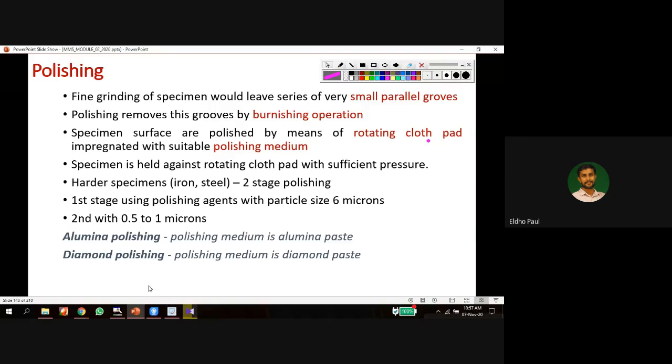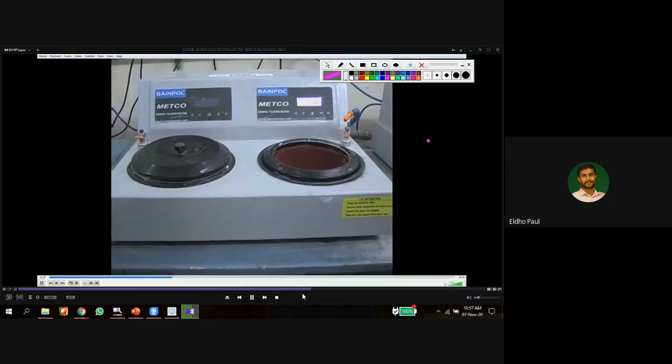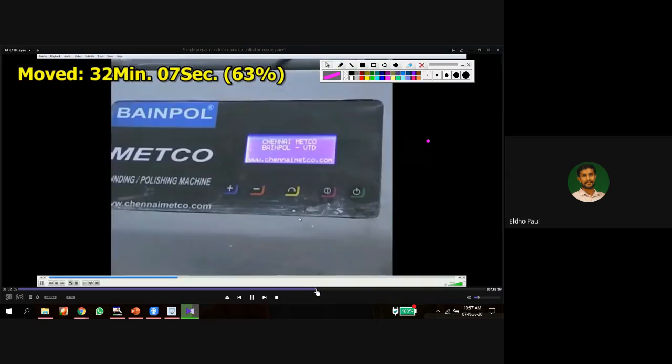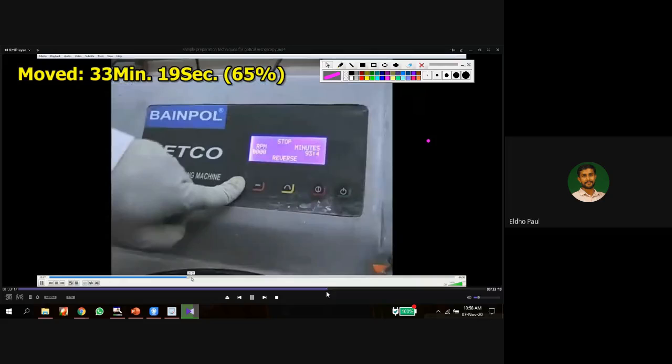We can see that this red one is the rotating cloth. In that rotating cloth, we provide some material. This is aluminum.